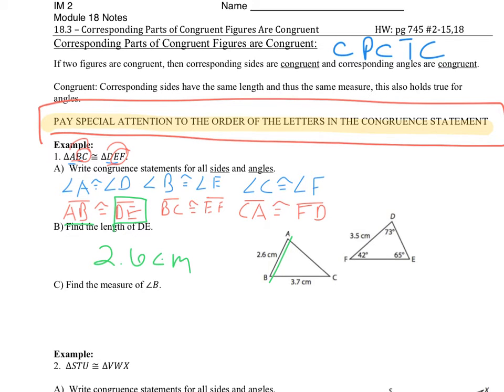And then we have angle measure B is what we're looking for, and we know that B is congruent to E, and then we go over here, so E is 65, so then we can state that the measure of angle B is equal to 65 degrees.